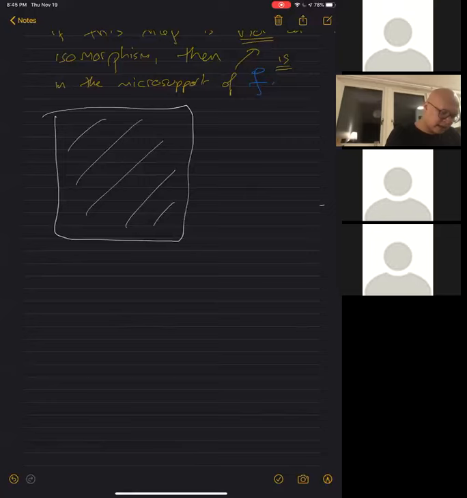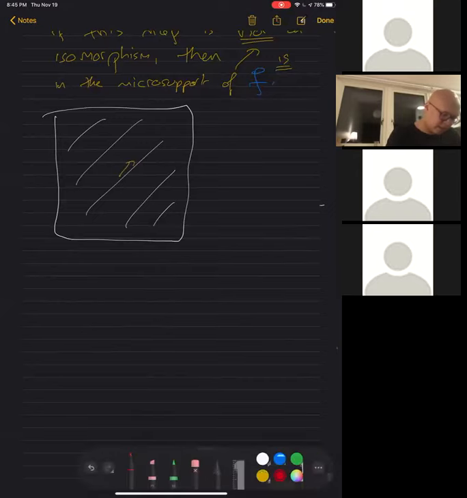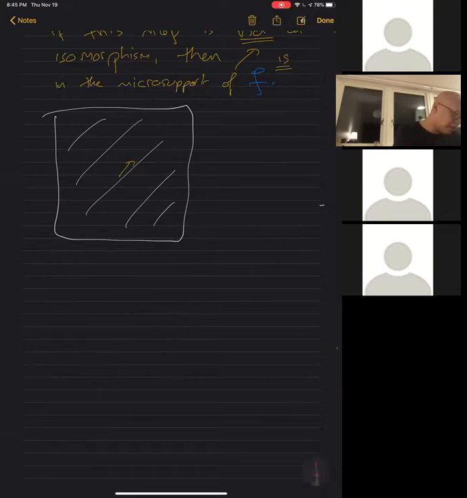And so I can ask, is some particular covector, maybe this one, in the microsupport? And then what I'm supposed to do is make this red ball, and this yellow half ball, and consider the restriction of the sections over the red ball to the sections over the yellow half ball, and ask, is that an isomorphism?